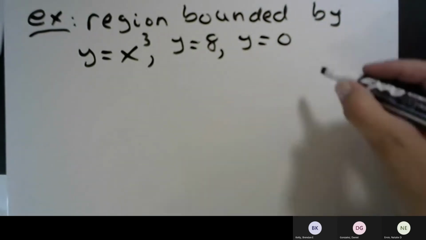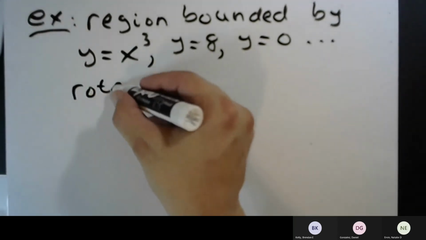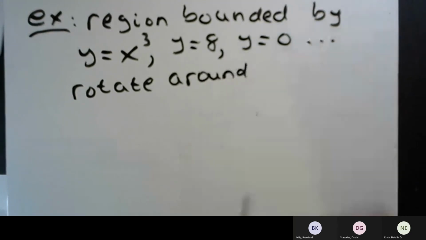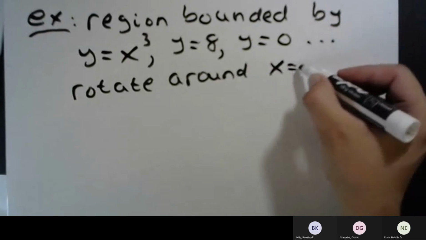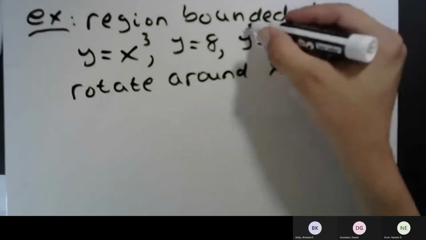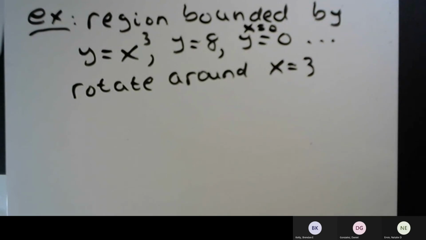What we're going to do is rotate this not around the x or y axis, but around x equals 3. And it's bounded by another thing in here. It's also bounded by x equals 0.